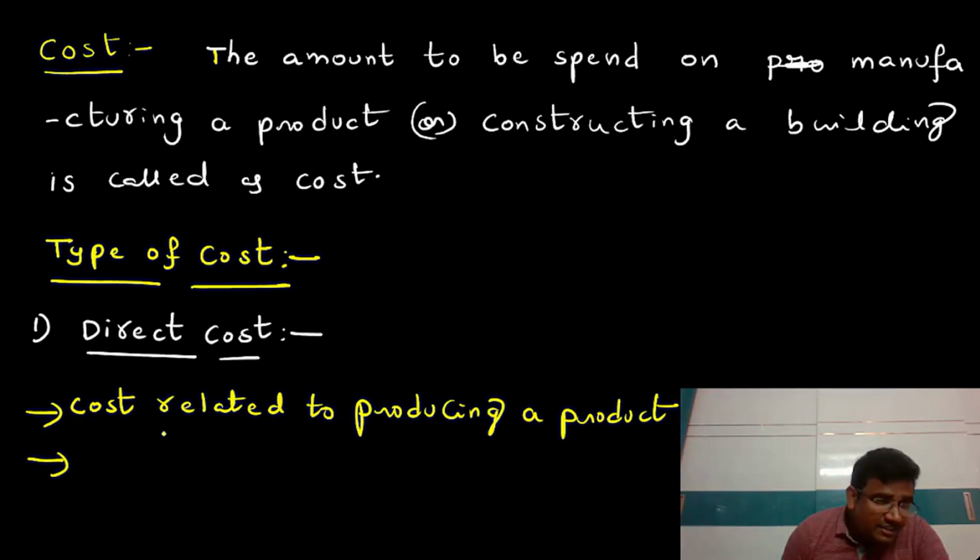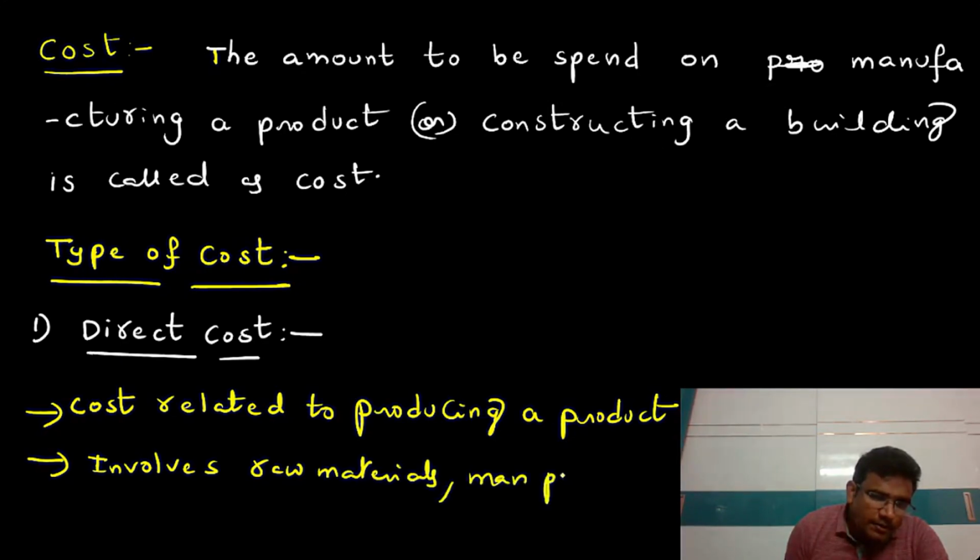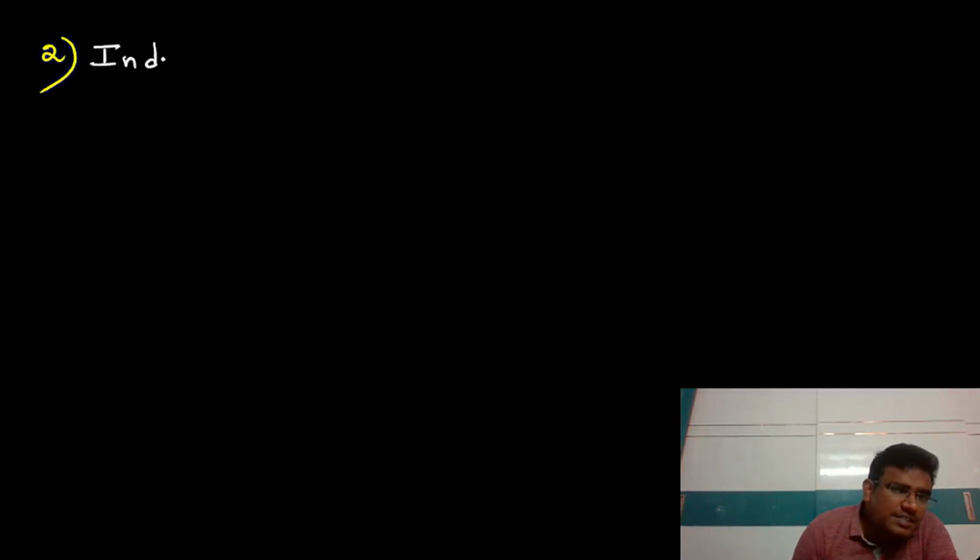And this direct cost involves raw materials, manpower and machinery. Then the second one we have is the indirect cost.